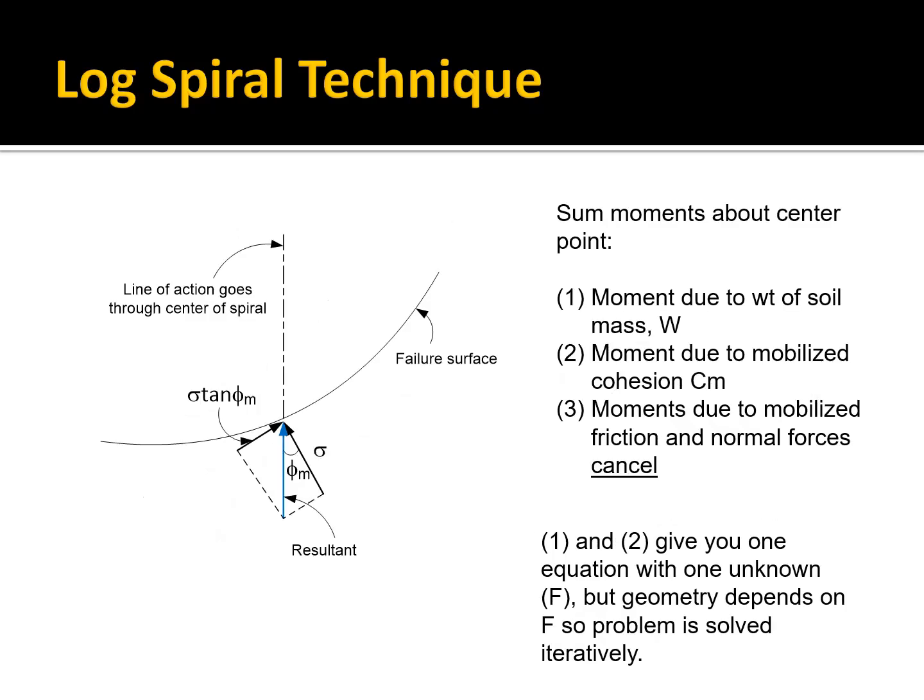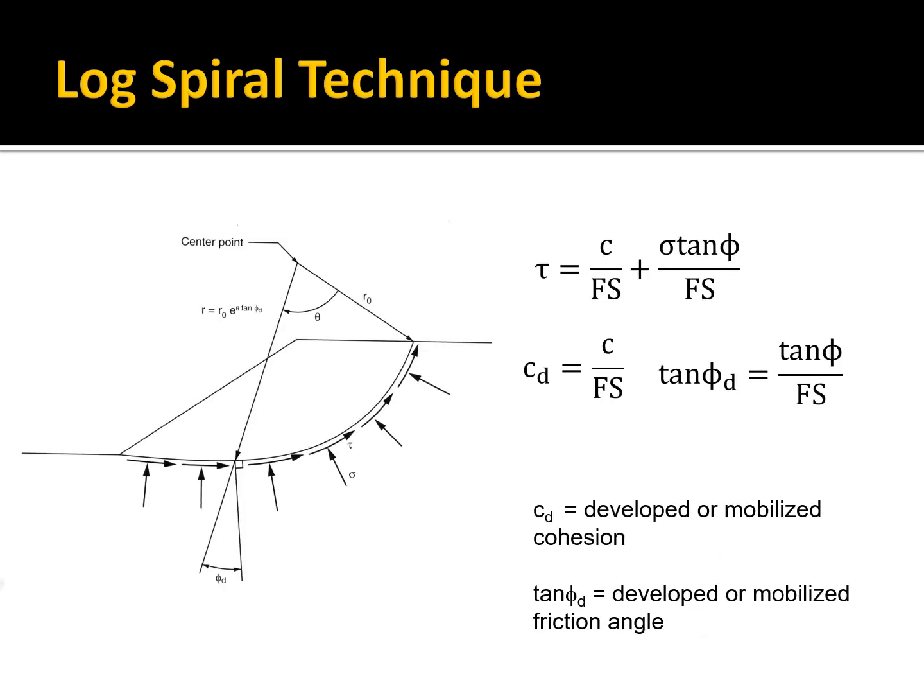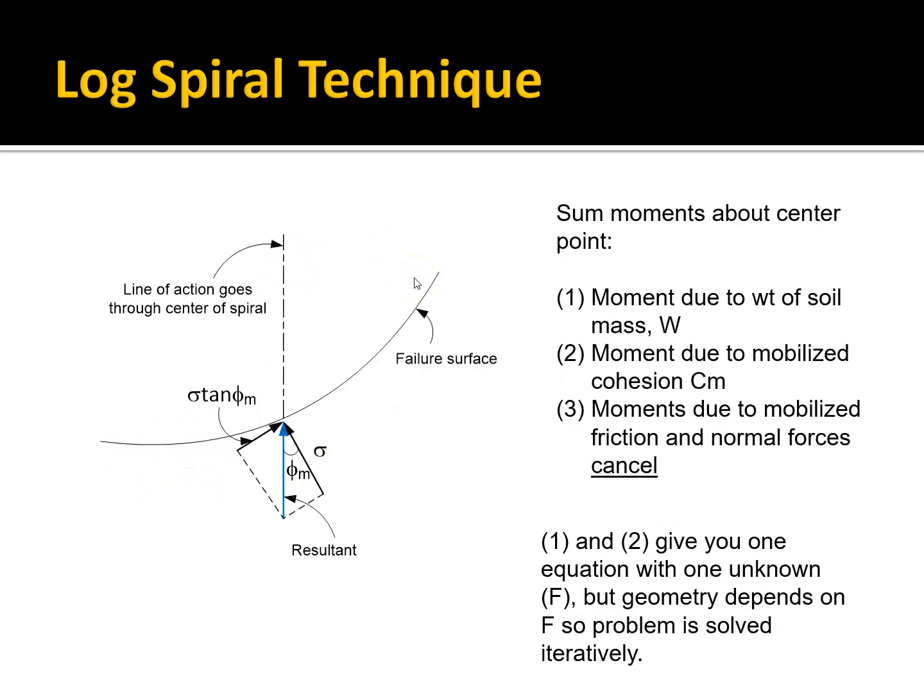All right, now why do we do that? If we sum moments about the center of the spiral, so we're going to move along the shape of this log spiral, and we're going to sum moments about the center. If you take the normal force that's acting perpendicular to that surface at any point, and then the friction, the resistance is equal to sigma tan phi mobilized.